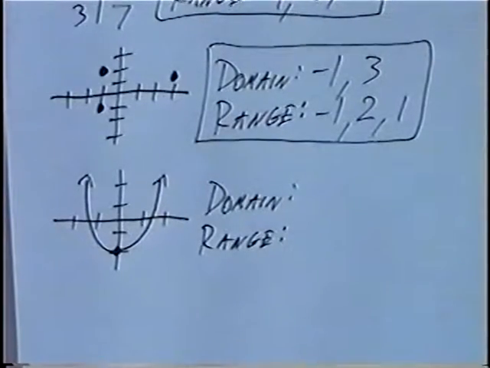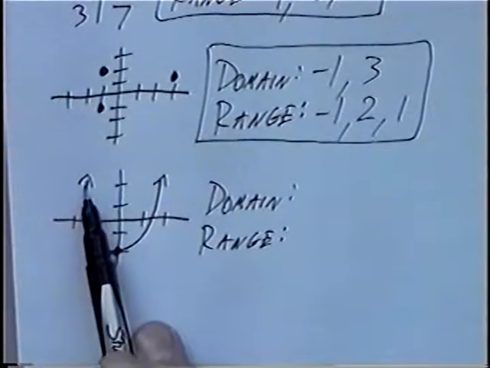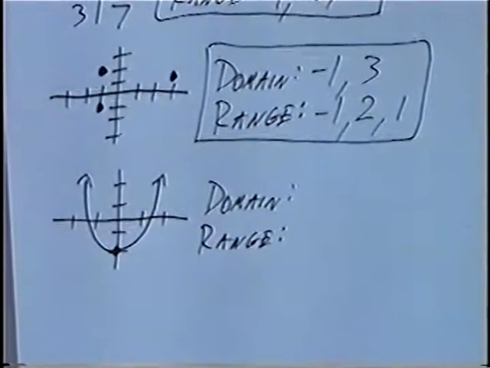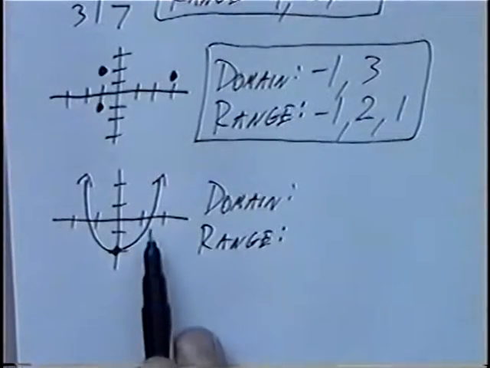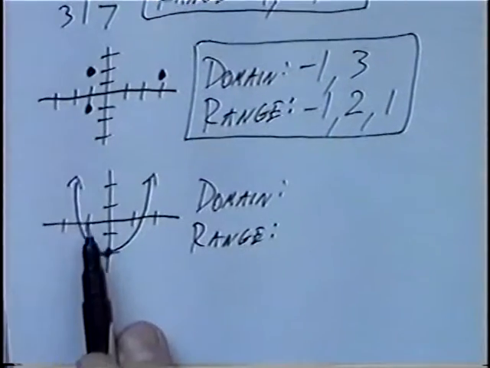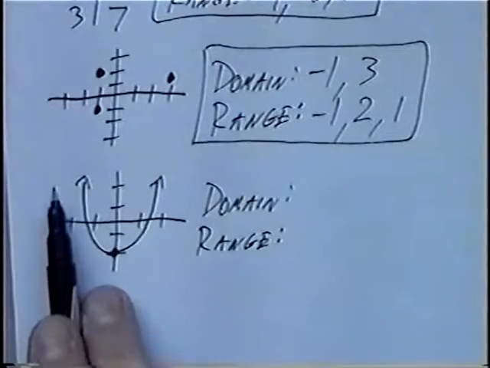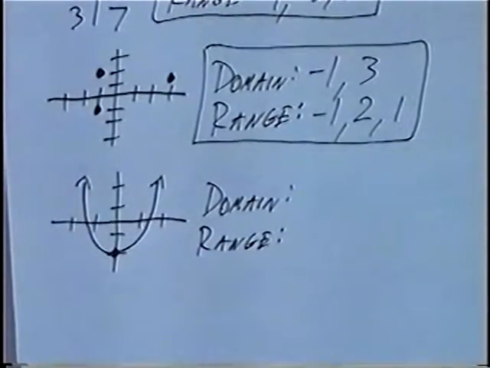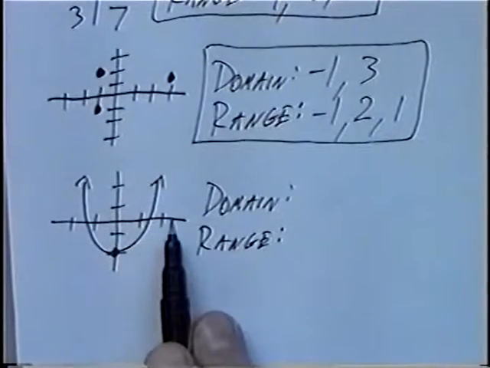The domain again is all the x values. Looking at this graph, the line consists of many or infinite points. All those points contain any x value on the graph. You can take any number on the graph, negative. If you go up high enough, the graph will go up to that point and the x value will be on the graph. Same thing for any positive value.